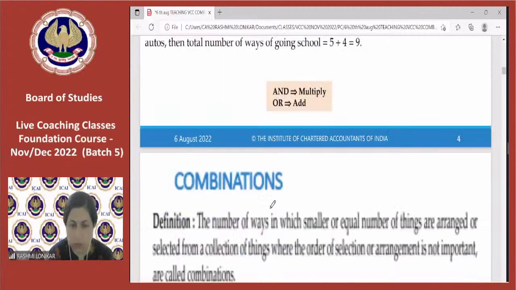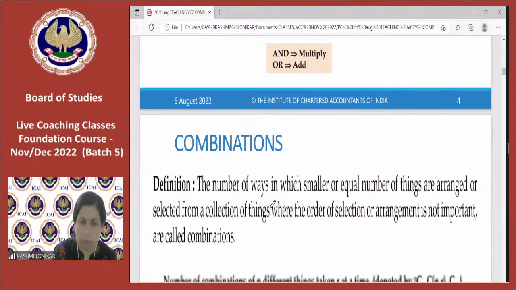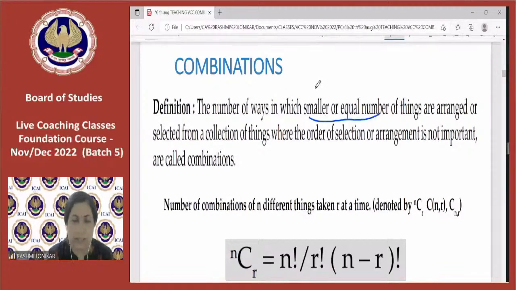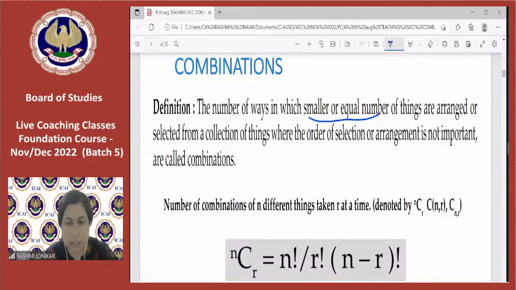Now what is combination? Combination says, let us see the definition: the number of ways in which a smaller or equal number, that is r, or n, that is r is equal to n, of things are arranged or selected from a collection of things where the order is not important.